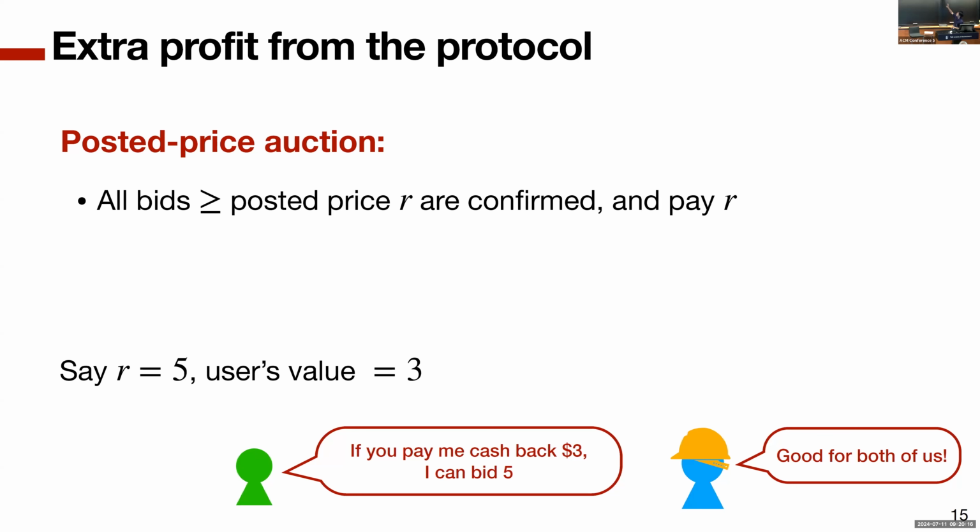The issue with this deviation is that they bypass the constraint of the protocol. And this attack holds no matter how high R is. R is 10, R is 100, they can always overbid and try to bypass the posted price. So in this scenario, we say you steal the extra profit from the protocol.